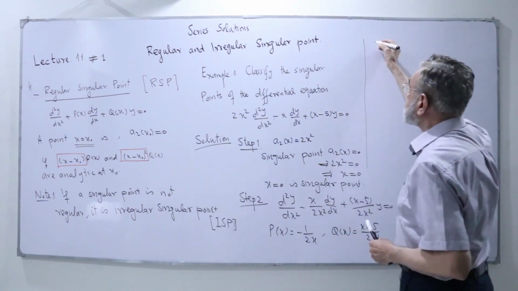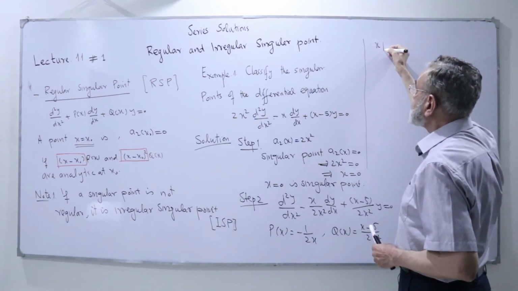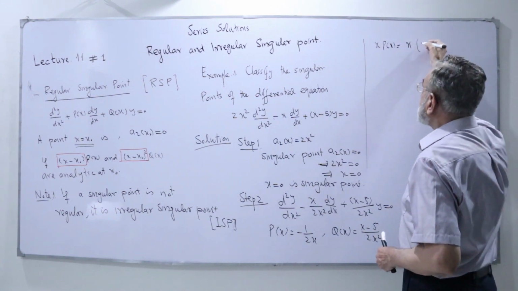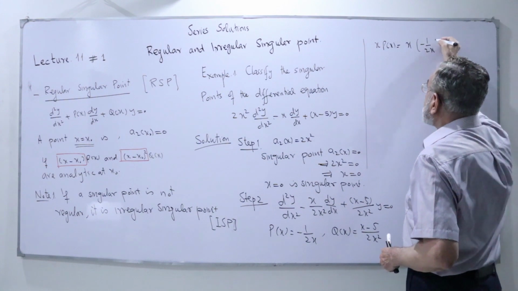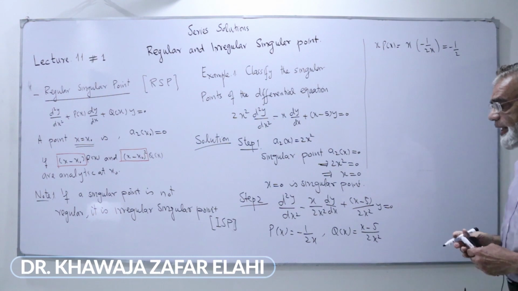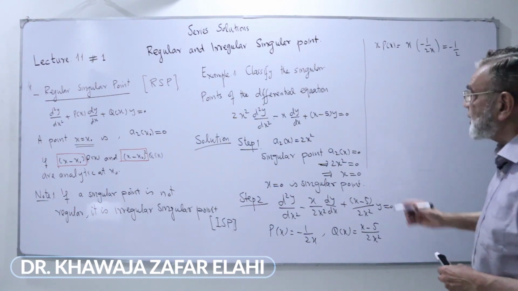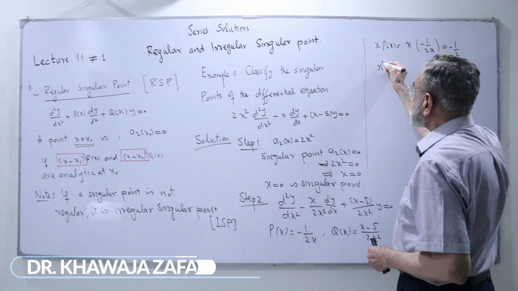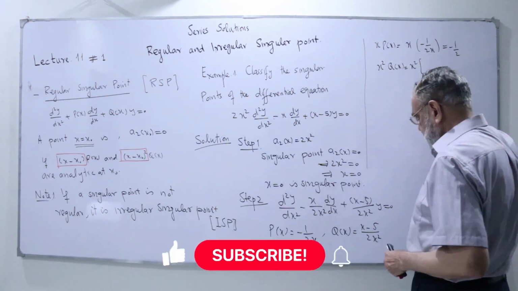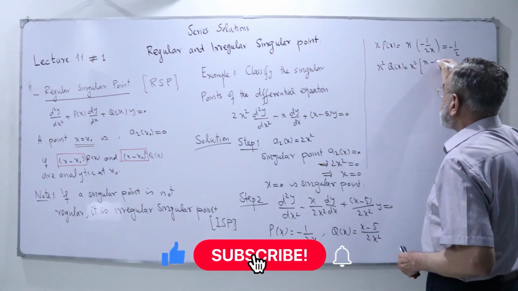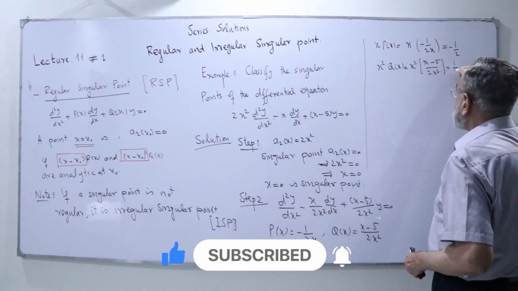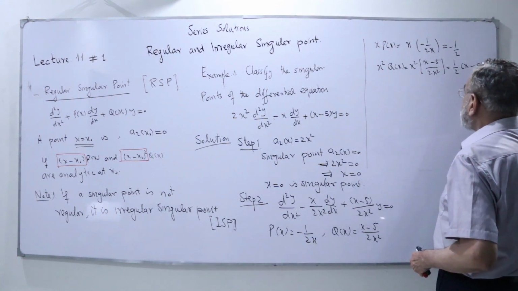So I get x p of x equal to x into minus 1 over 2x, which is minus 1 by 2, that's the constant. Then multiply q of x by x squared. So we get x squared q of x equal to x squared into x minus 5 over 2x squared, and I simplify, I get 1 by 2 (x minus 5).